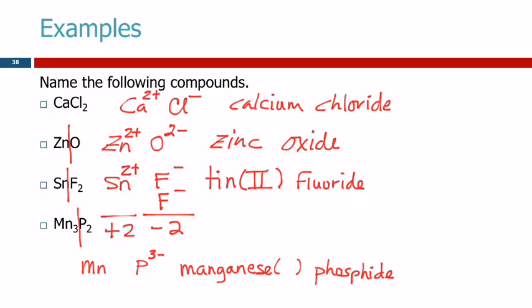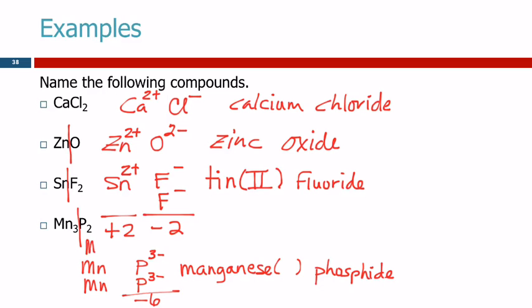Now we have to figure out the charge on that pesky manganese ion. It is going to be +2. Well, here we have 2 of these phosphides. So that gives us a total of -6 charge. And the formula tells us there's 3 manganese ions.